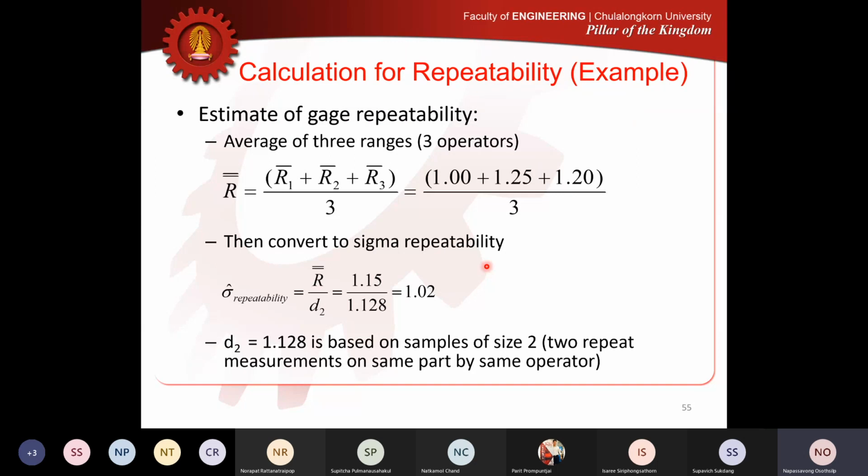If I plug in the number, D2 when n equals 2 is 1.128, and then we get the number for sigma repeatability. This is an easy formula to calculate sigma repeatability.